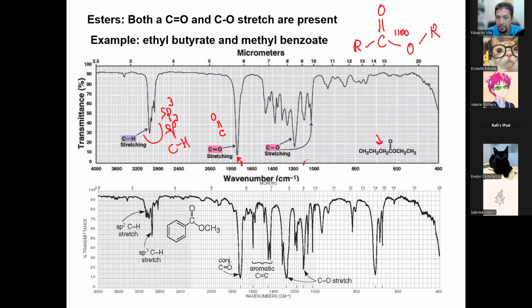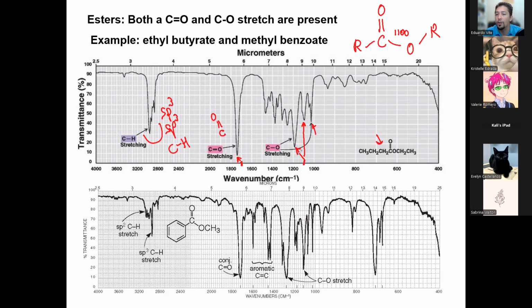Let's see, 1000, there's 1100 here. Well, there's a signal right there, but remember, it's also a strong signal. So let's look for the strongest signal around 1100. Oh, it's right there. This signal right here for sure is a carbon-oxygen stretching. This one points to this one as well. That is vague. It could be that one. It could be the first one that I pointed to.